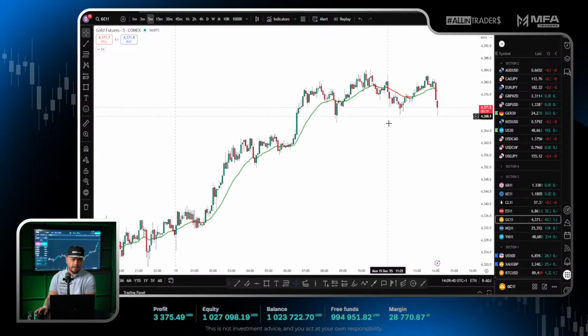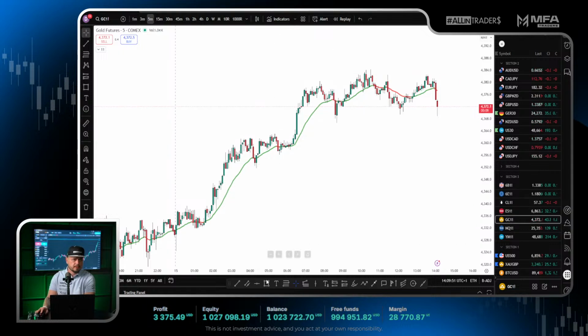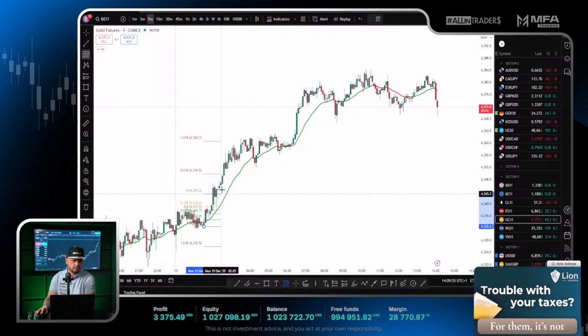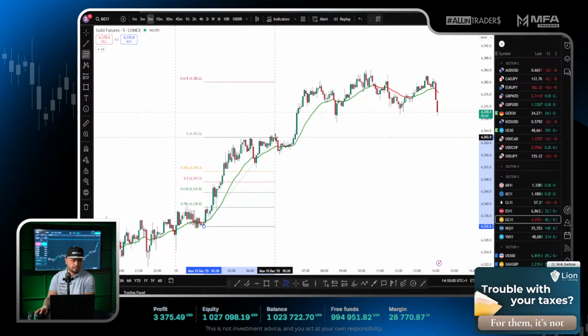So we are going up, but at this moment the price stopped somewhere here. We are in some kind of range since 7 o'clock in the morning. Okay, so let's check this first impulse. We didn't even have pullback to 38.2.